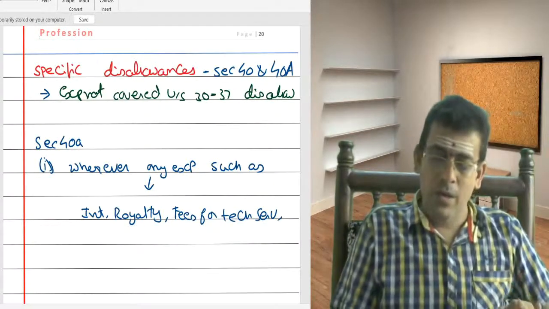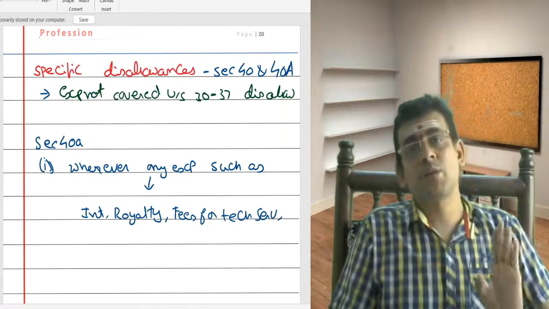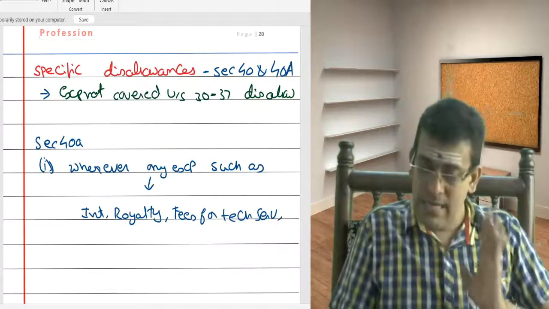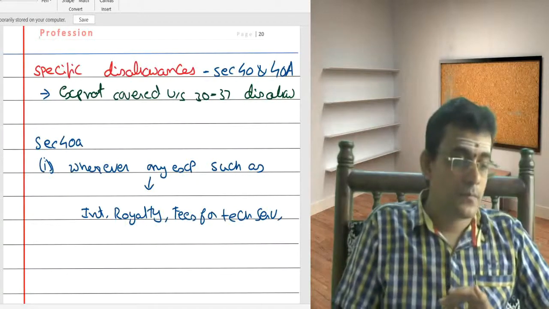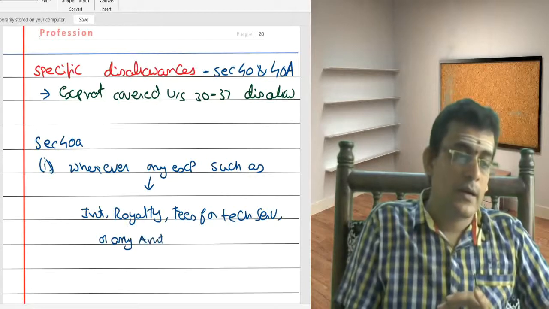Or any sum or any amount chargeable to tax in the hands of the recipient, or any amount taxable. That is the first thing.